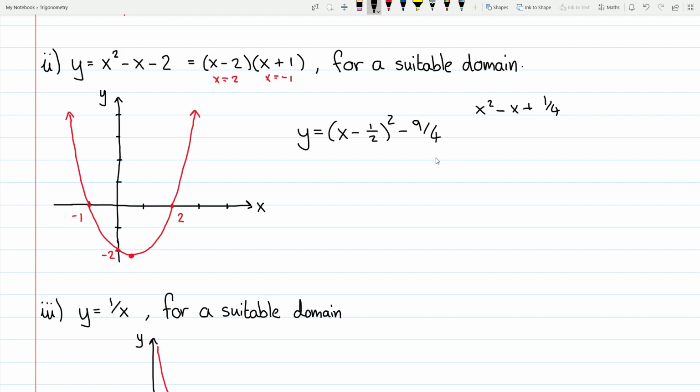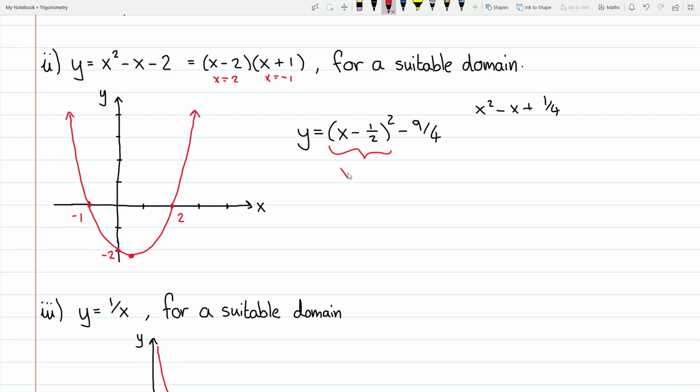Okay? And then, so why does this help us find the minimum or the maximum? Well, notice that here we've got the square function. And the square function is always positive. In fact, it's always positive except for one point where it's equal to 0.